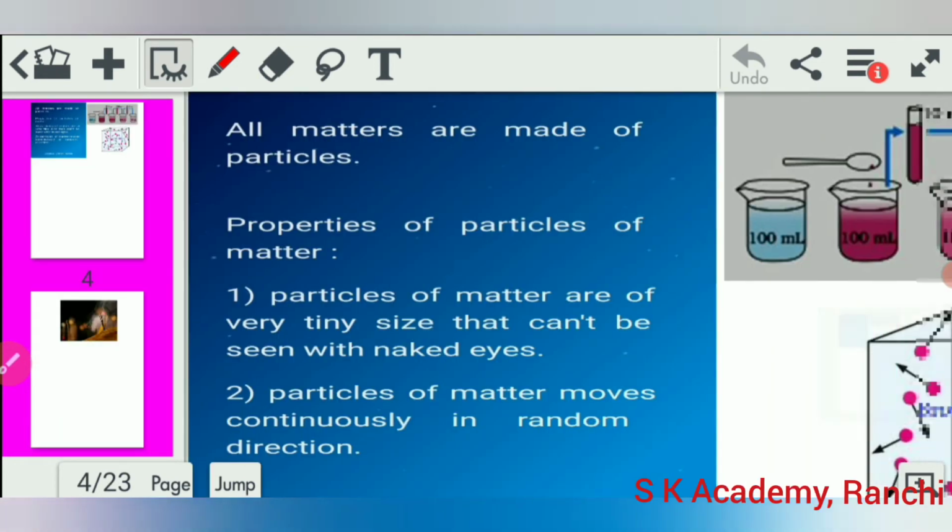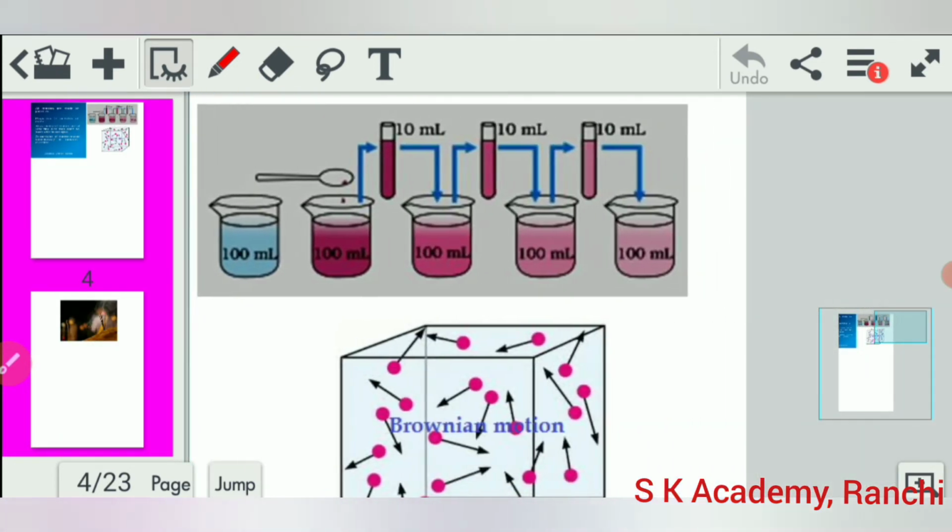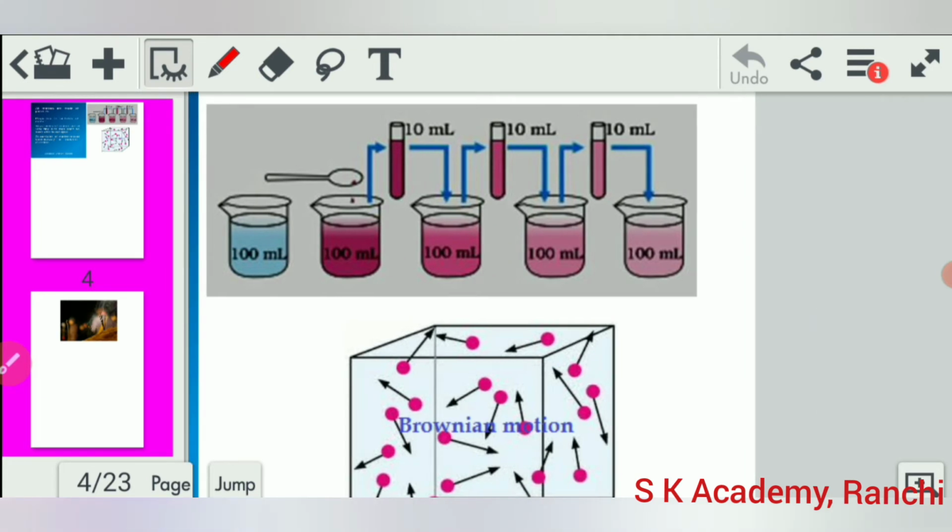We have an example given in the NCERT book, and let us see that example. Take water. Take a glass.